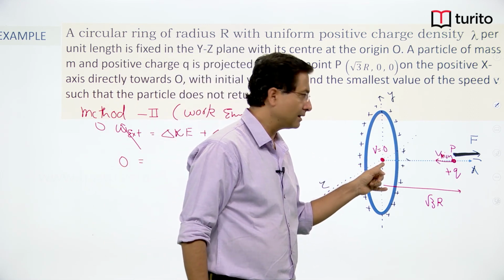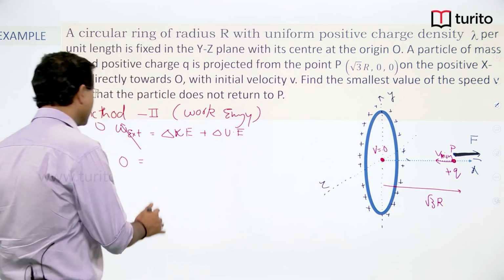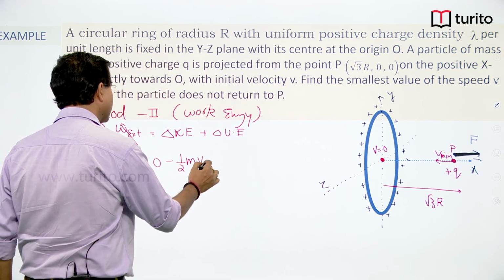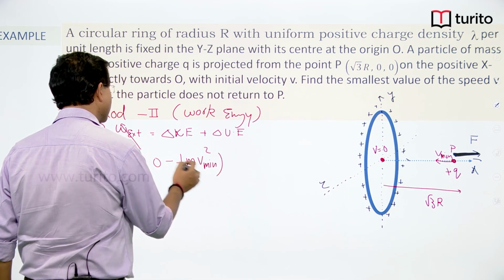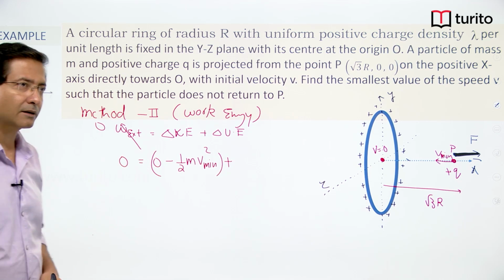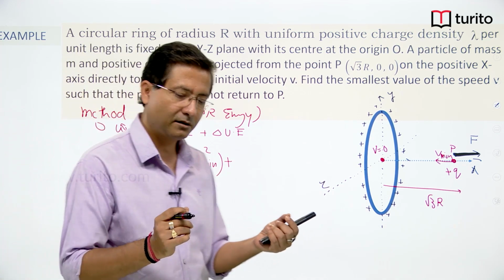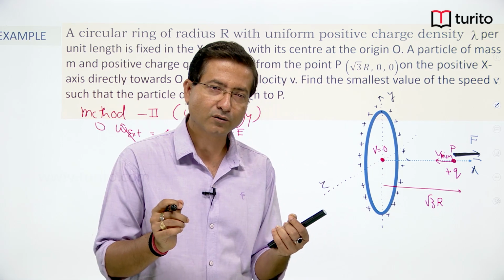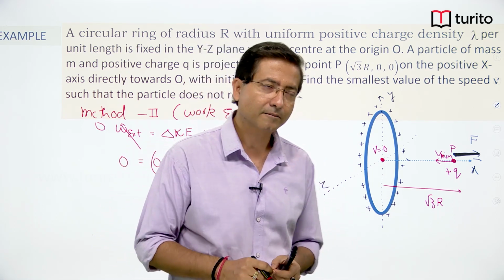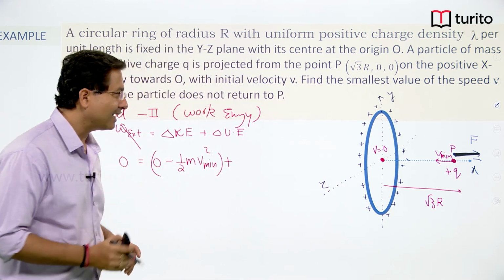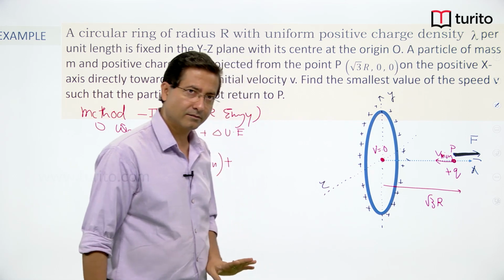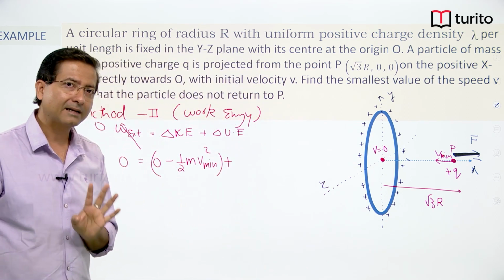Finally particle is here and its kinetic energy is 0. Final minus initial, half m v min, plus change in electrostatic potential energy. So for a 2 particle system potential energy we know, K Q1 Q2 by R. But here you can see that there is a ring and another is a particle.